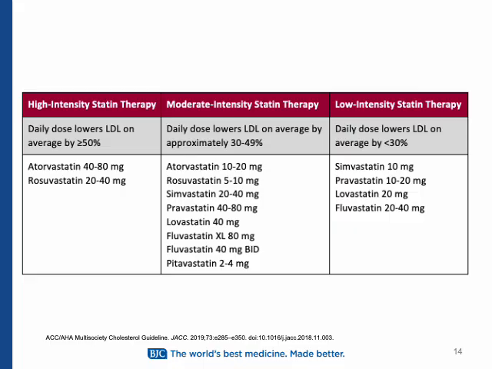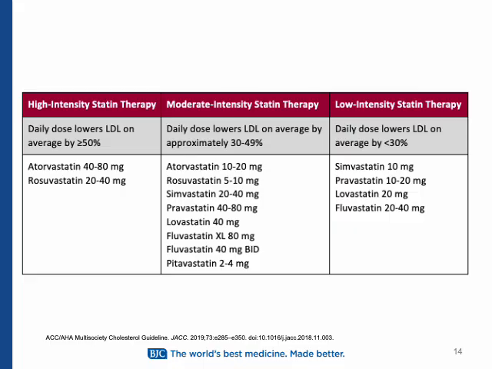Moderate intensity statins lower LDL by 30 to 49%. Many commonly used doses fall in the middle category, so atorvastatin 10 to 20 milligrams, or simvastatin 20 to 40 milligrams. Low intensity statins lower LDL by less than 30%, and they can be used in patients who cannot tolerate higher doses.